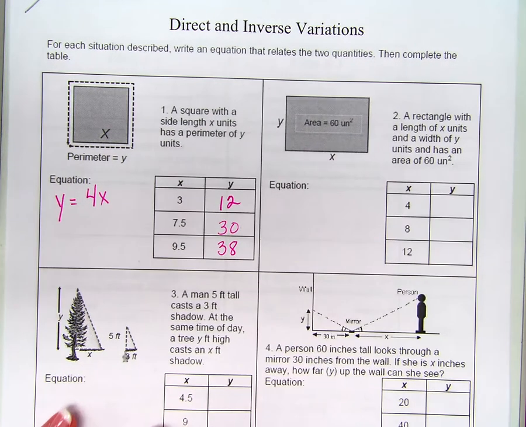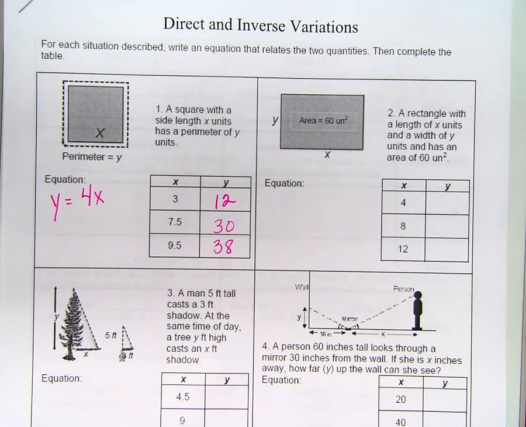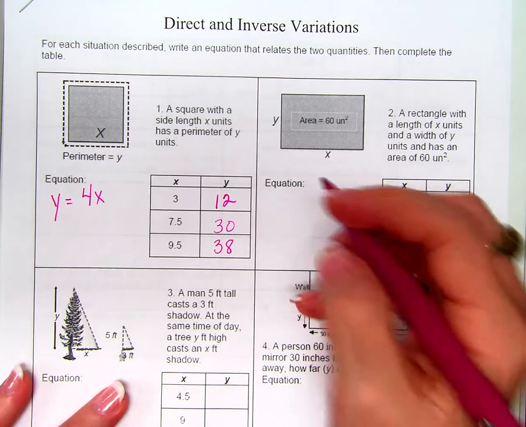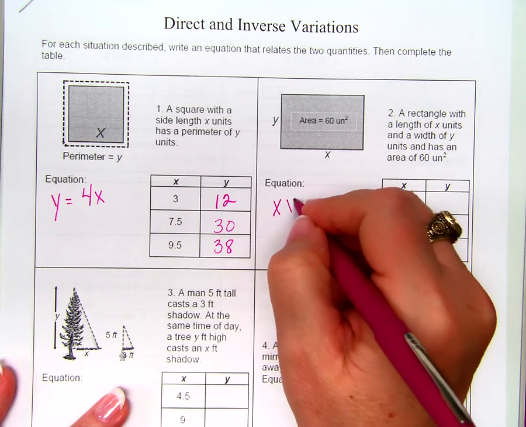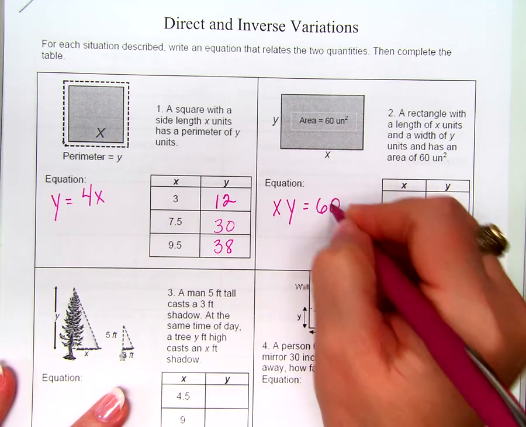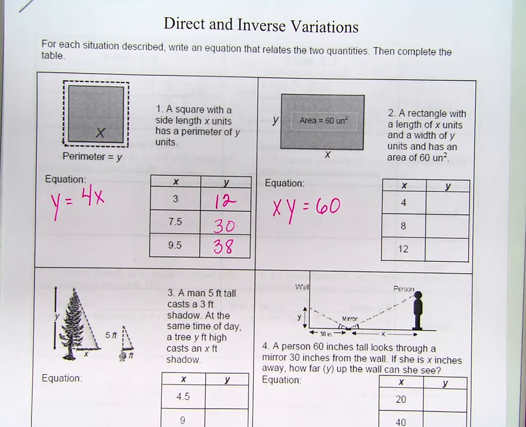A rectangle with a length of x units and a width of y units has an area of 60 units. How about this? Yeah, x times y, right? Area is length times width. You remember that?